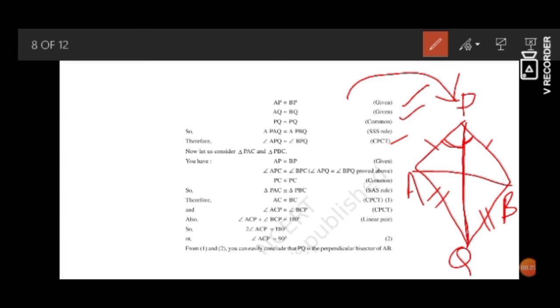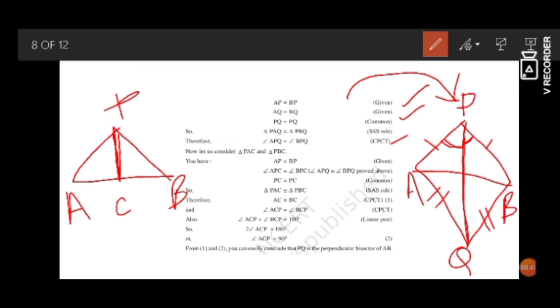Now the bottom congruency. For that we are going to consider the triangles APC and BPC.